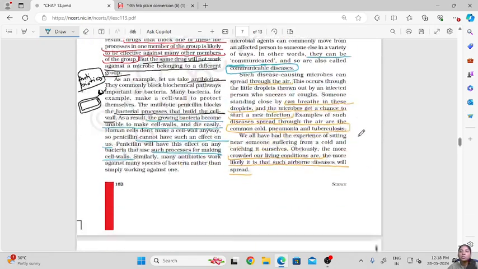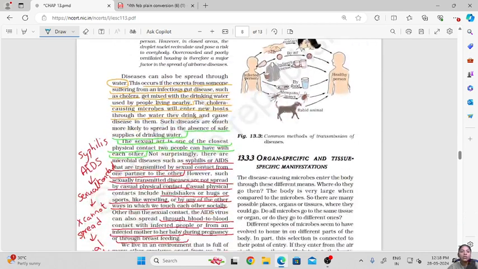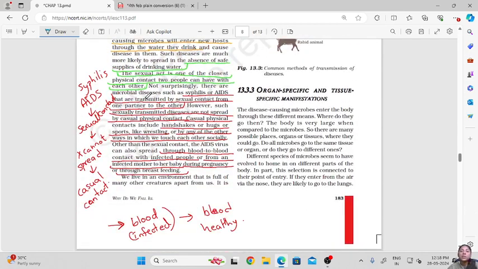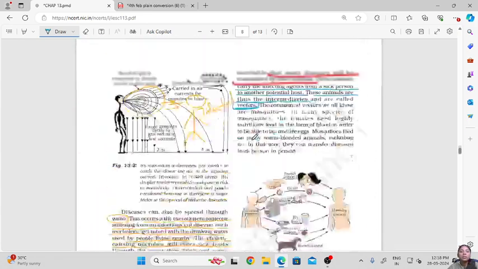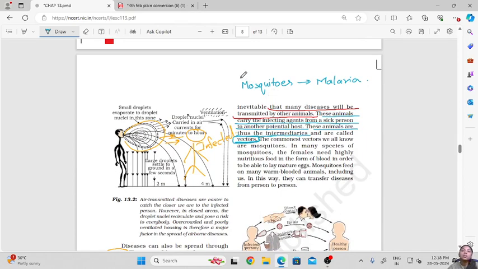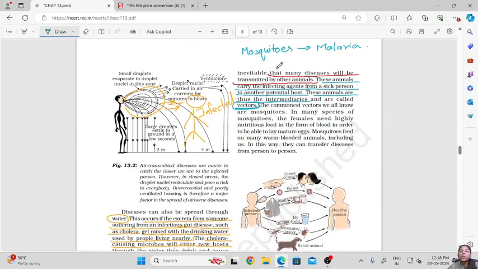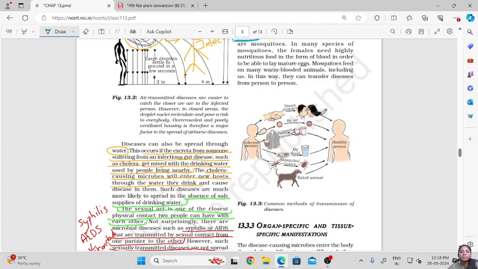So first is through air, then by water, then another is through sexual contact or through blood to blood transfusion, from a mother to her baby during pregnancy or through breastfeeding, and then the last is through several organisms which are around us.